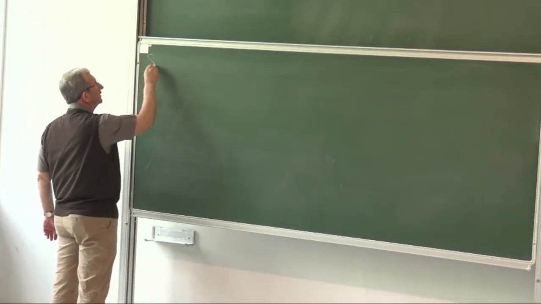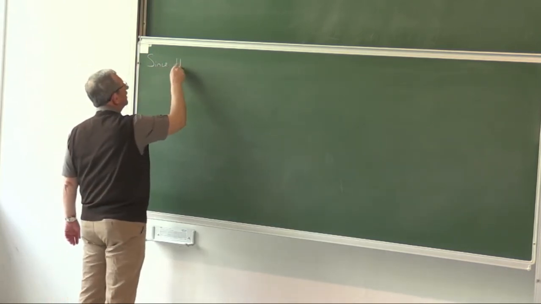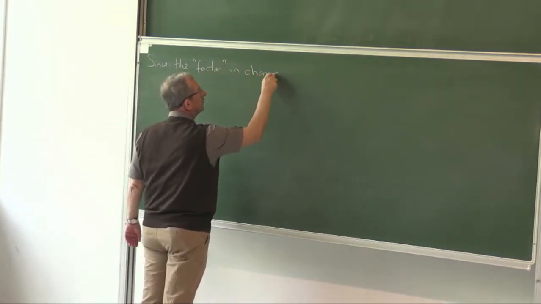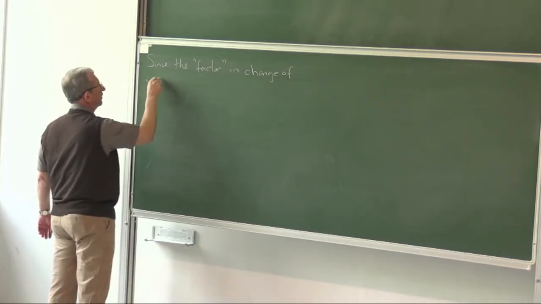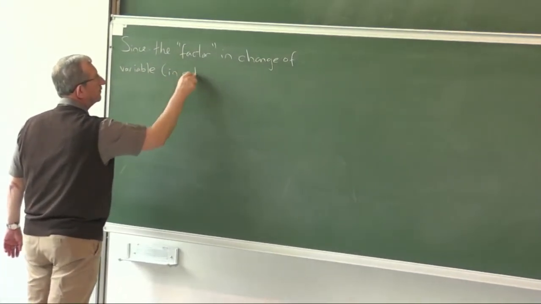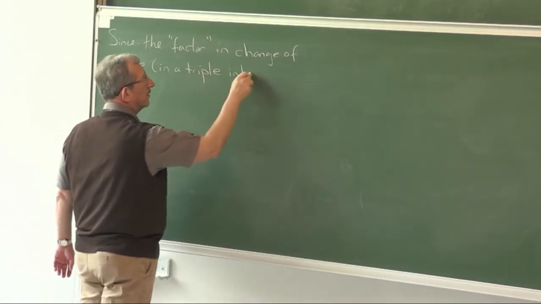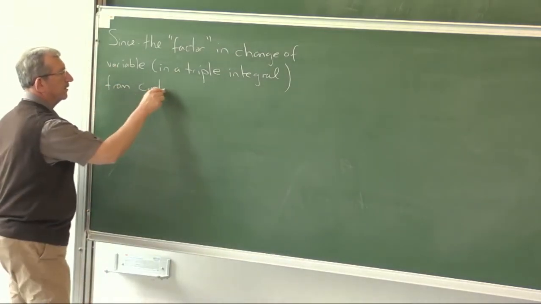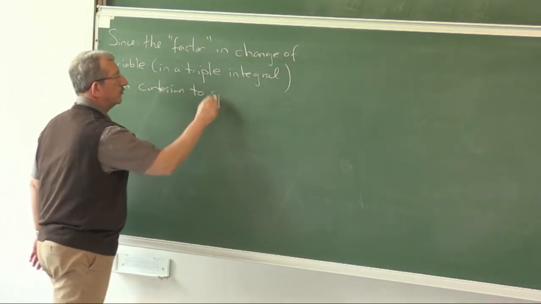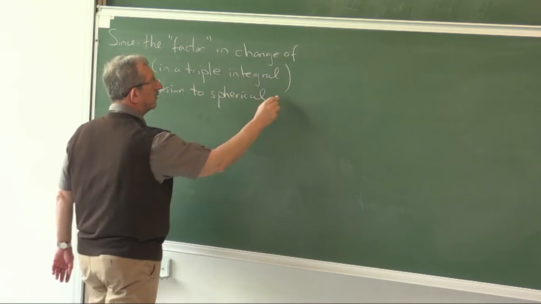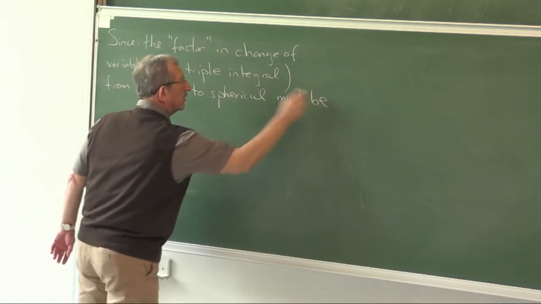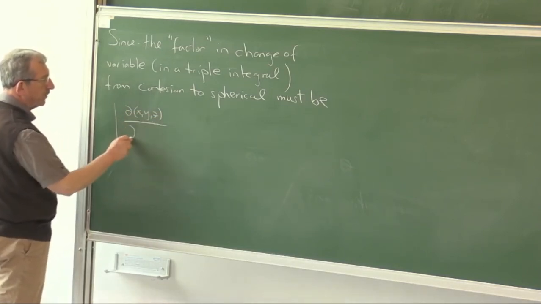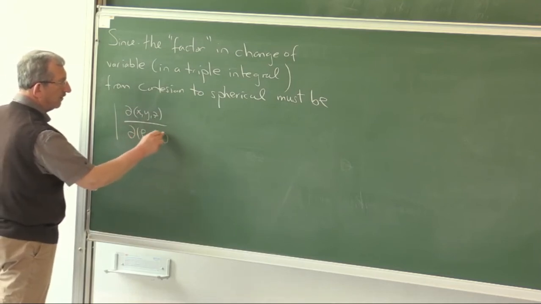Since the factor in change of variable, of course in a triple integral, from Cartesian to spherical, must be the absolute value of x, y, z with respect to rho, phi, theta.